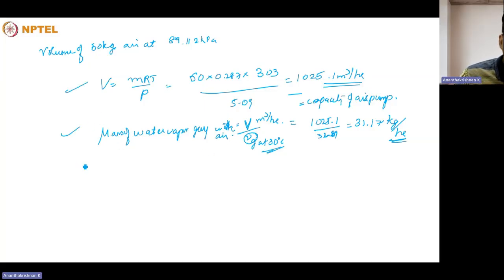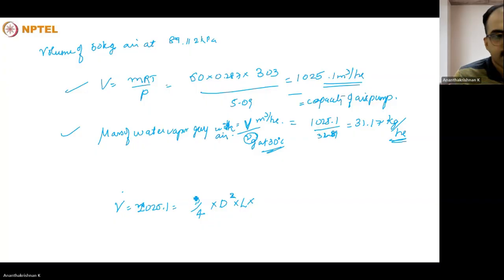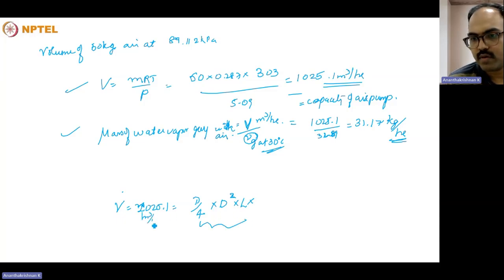So these two are the first two parts, and then we have to determine the dimension of the reciprocating air pump if it runs at 240 RPM and the L by D ratio is 1.5. We know the volume flow rate, that will be equal to 1025.1. That will be equal to pi by 4 into D squared into L, in terms of meter cube per cycle.